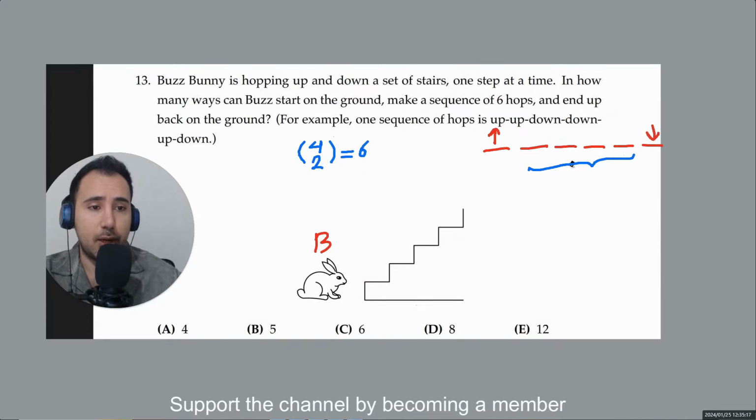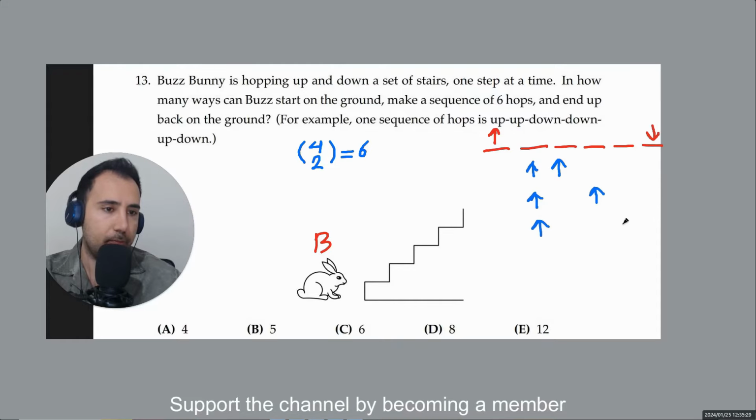So I'm going to have 2 ups, okay? I'm going to put them here first. My ups are going to be like this together. Then 1 up here, 1 up here, 1 up here, 1 up here. Okay, so I'm done with putting ups here. 1 up here, 1 up here, 1 up here. Okay, and 1 up here.